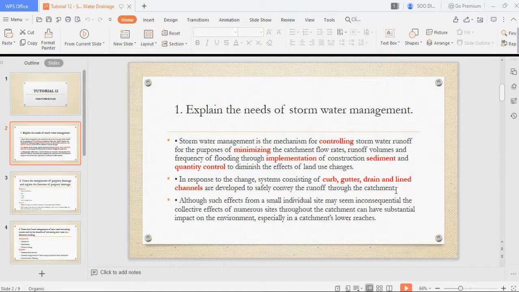If you do not have a proper system in place, then you will find that flooding will always occur in a particular part of the area or taman where the land is very low. That area will become a catchment area for all the rainwater that is going to flow towards it. So flooding will be happening.